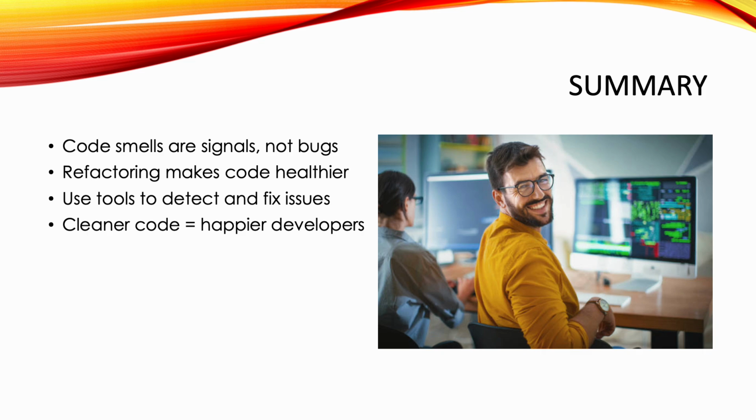We also discussed how refactoring helps clean up those smells by improving the internal structure of the code without changing its external behavior. Refactoring techniques such as extract method, rename variable, move method, and replacing conditionals with polymorphism give you practical tools for improving your code.